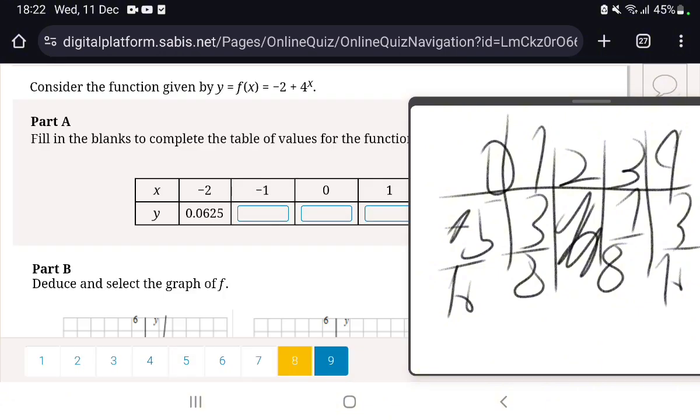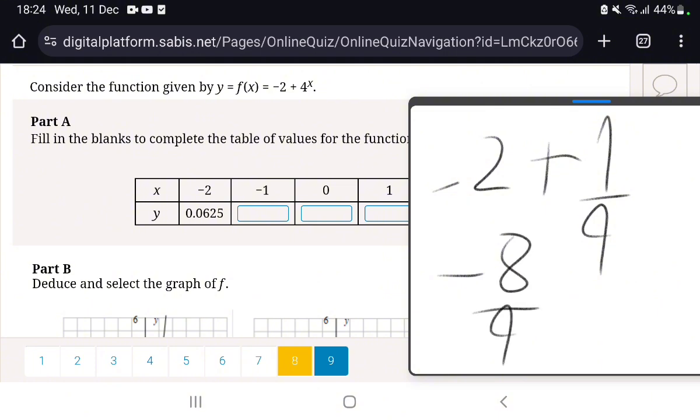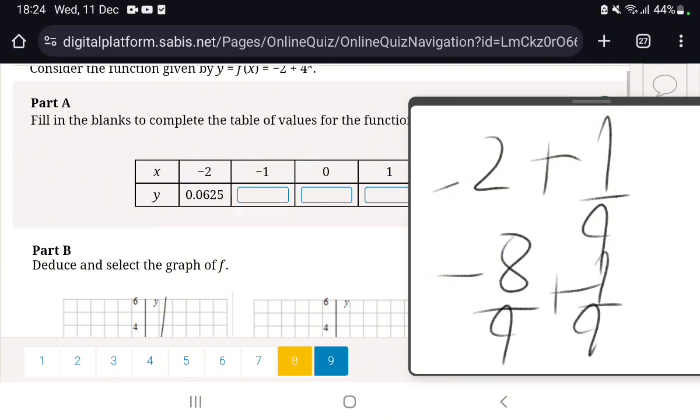So now we substitute by points. For this one, you need a calculator. So negative 2 plus 1 over 4 will give us negative 8 over 4 plus 1 over 4 equals negative 7 over 4.